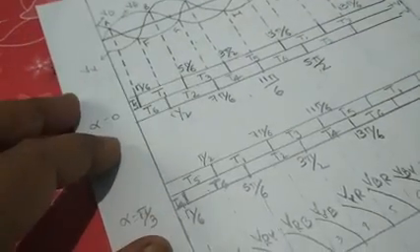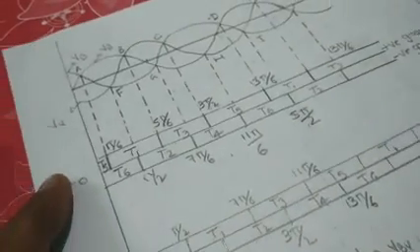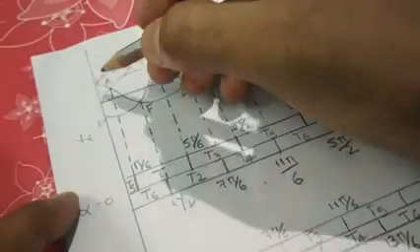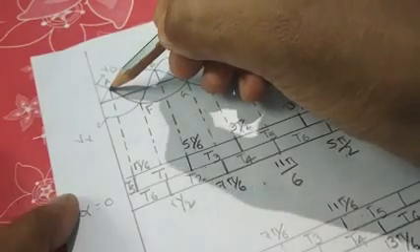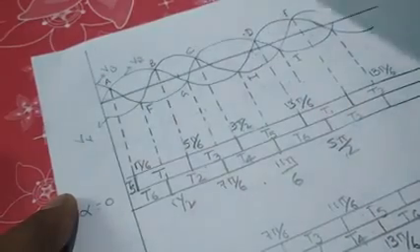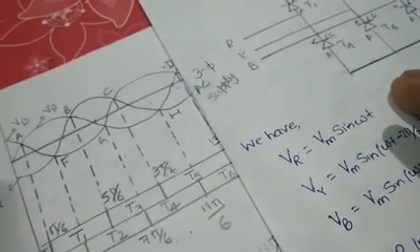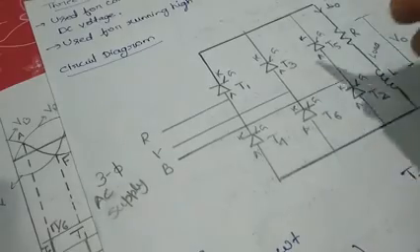Now one thing you must note here, that before point A, VB was more positive.